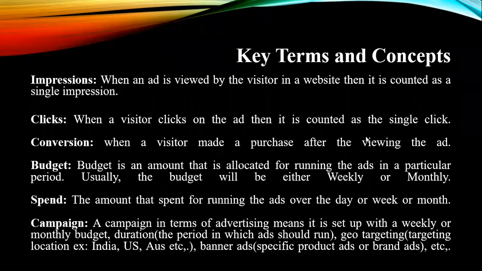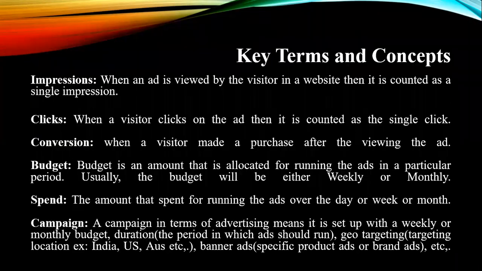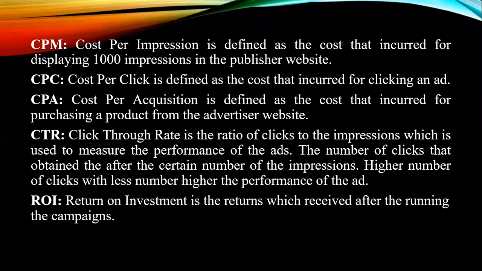Next is CPM, the cost per impression. We have already covered impressions, how many people visit a particular website, as in the previous slide. So cost per impression is the cost incurred for displaying 1000 impressions on a publisher's website.